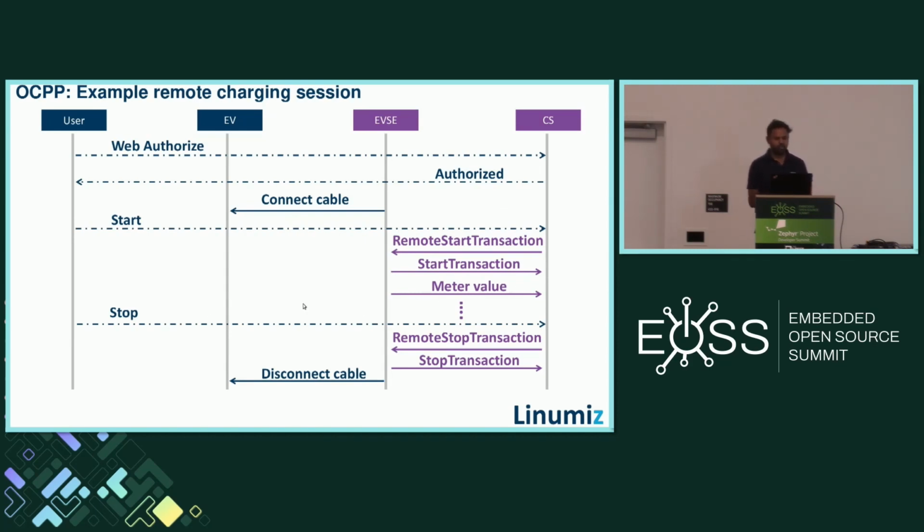When the user wants to stop, he can request the central system using a web application or a mobile smartphone application. Then the central system will send the RemoteStopTransaction. After that, the EVSE will shut down the power and do the stop charging sequence, and then send a StopTransaction PDU message to the central system. Finally, the user can disconnect the cable from the EV and connect it back to the EVSE.